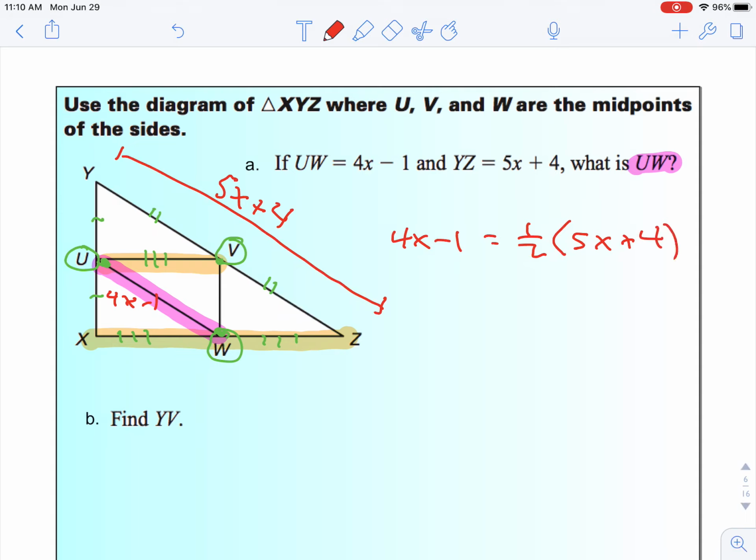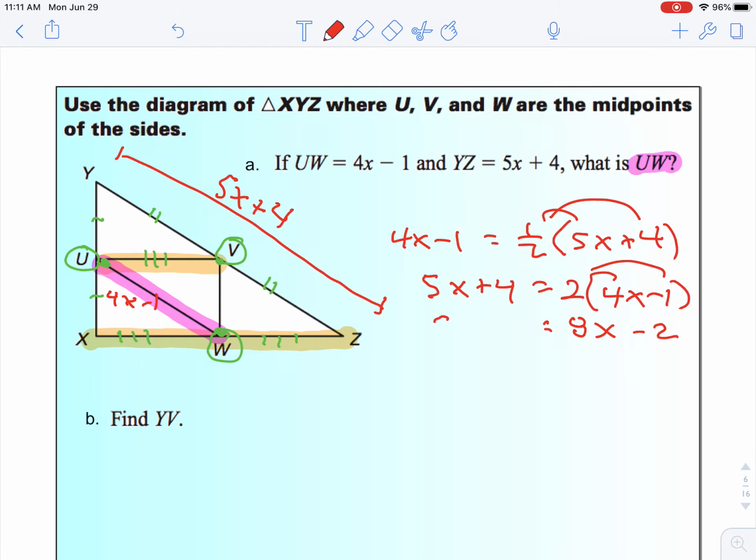So we could just solve that. But using the distributive property, we're going to end up with fractions, which is fine. But remember that we could also say that 5x plus 4 is equal to 2 times 4x minus 1. And now we can eliminate those fractions and get, again using the distributive property, 2 times 4x is 8x minus 2 is equal to 5x plus 4.